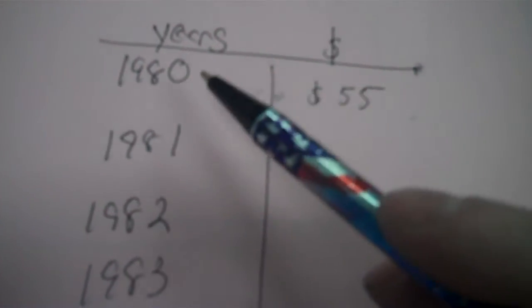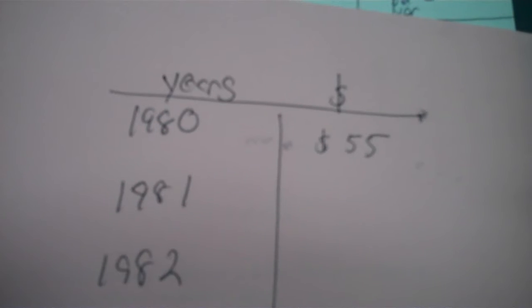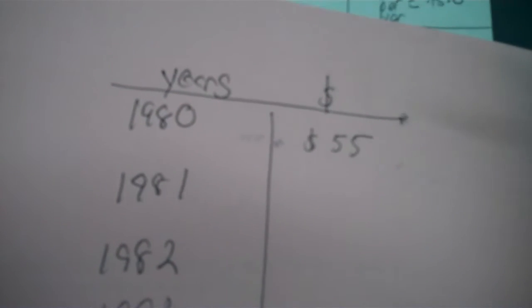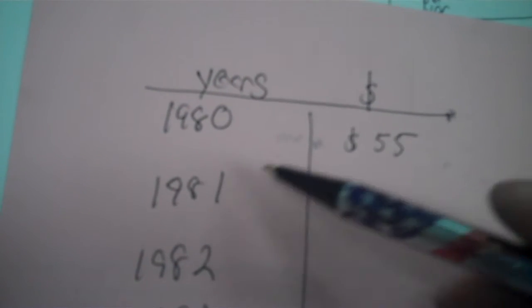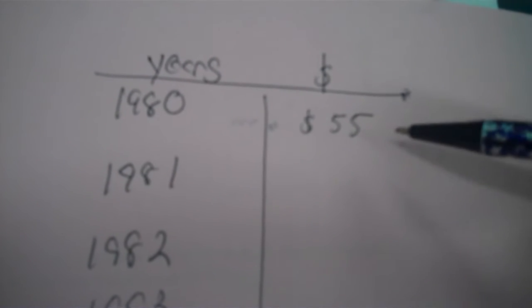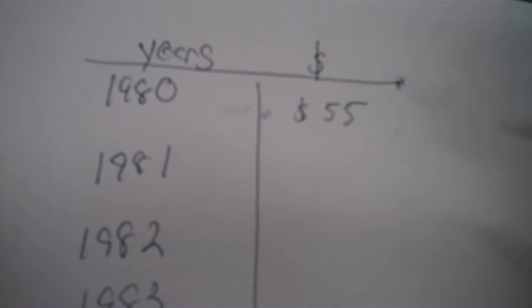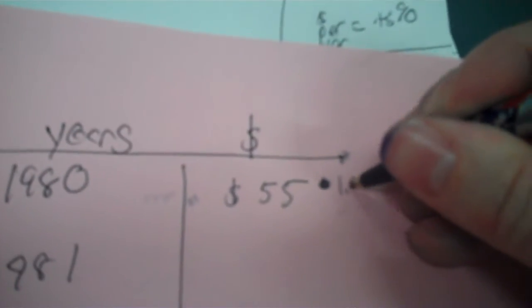Here's a table. In the year 1980, they sold the comic book for $55. Now, in 1981, it's increasing by 3%. How do we increase a price by 3%? Well, we have to multiply. And we're going to multiply by whatever 100% plus 3% would be. That's 103%. You need to make that a decimal, so you multiply by 1.03.